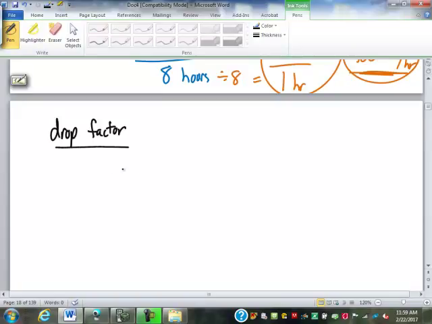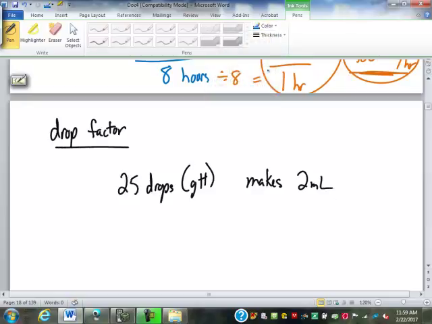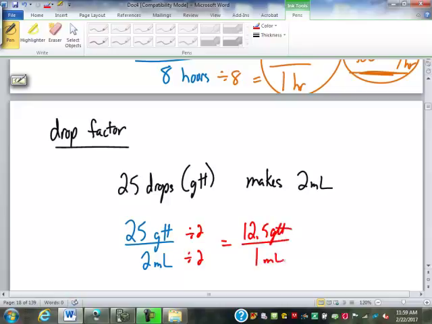So you might have a liquid that 25 drops, the abbreviation for drops is actually GTT, makes 2 milliliters of fluid. So our drop factor, or that rate, is 25 drops in 2 milliliters, and we divide those by 2. We get 12.5 drops in 1 milliliter. So that's 12.5 drops per milliliter is that drop factor.